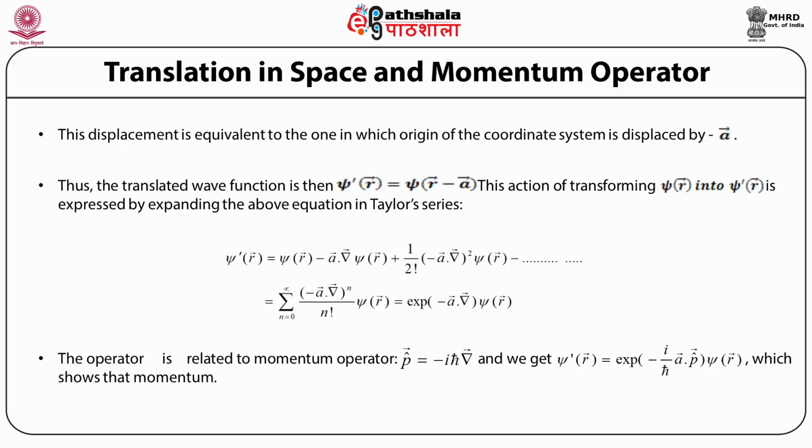So basically what we have done is that we have substituted the momentum operator in the above equation that we derived for psi prime, and we get this final relation.